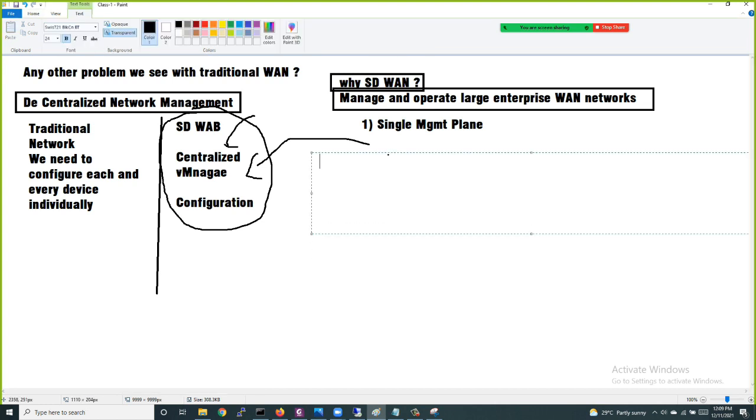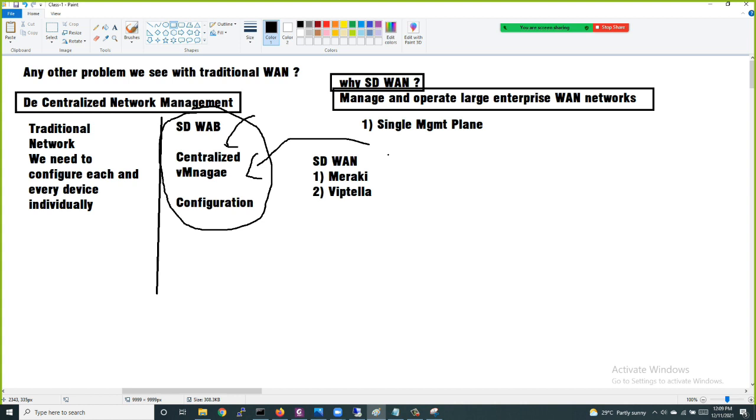There are two types of SD-WAN solution Cisco is selling nowadays. First one is Meraki. Second one is Viptela. We will be focusing only on the Viptela solution, not on the Meraki solution. Second, Meraki is there for small enterprises and Viptela is there for large enterprises.